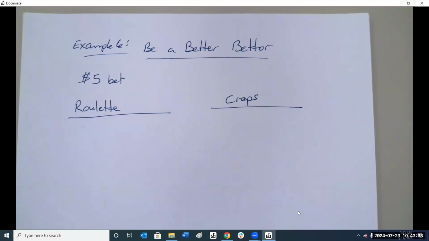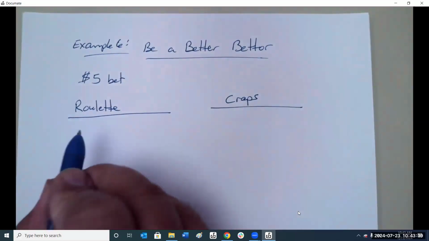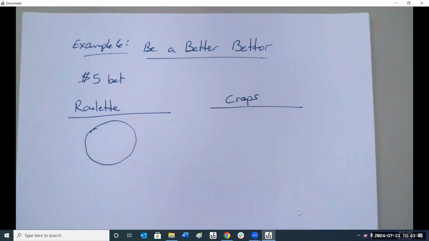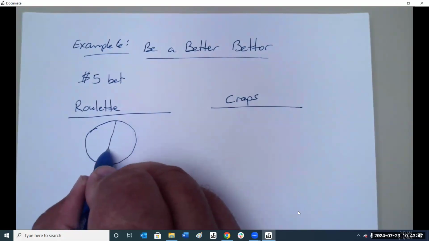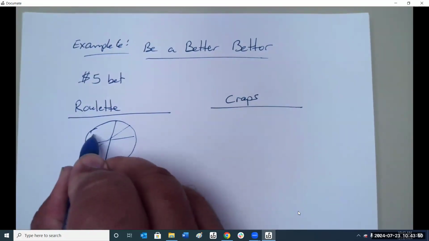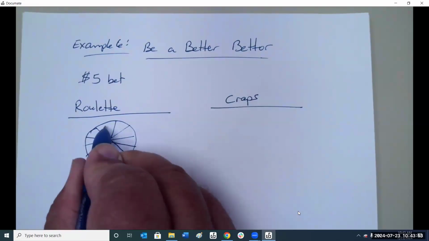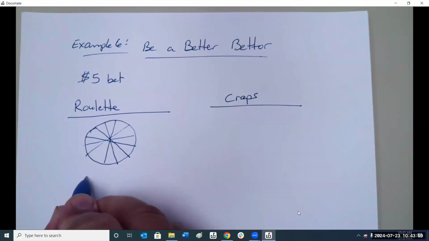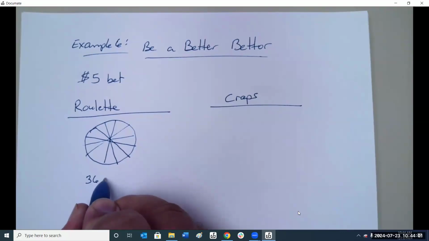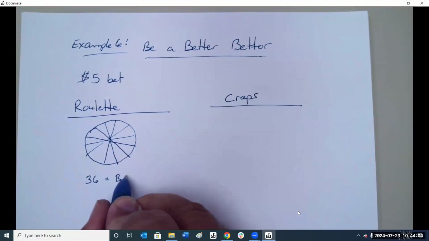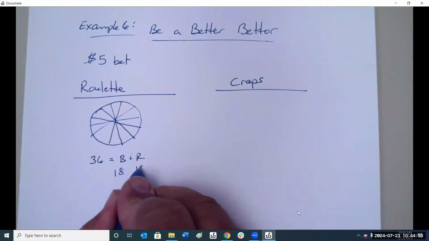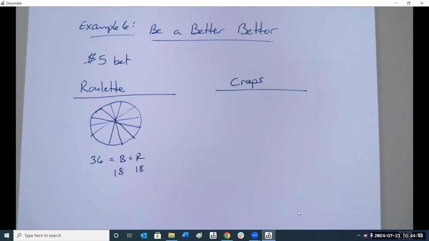Each one of these two games has its own odds of winning. Roulette is that wheel. It's broken up into a whole bunch of very small pieces. There are 36 black and red spaces, 18 of each. 18 blacks, 18 reds.